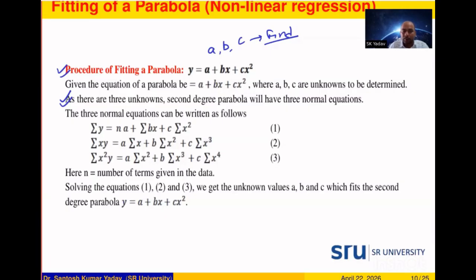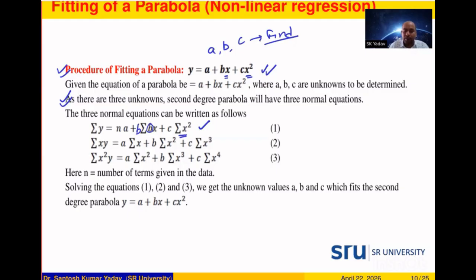I need to take the sum of this to get equation number 1. So if I take summation on both sides, summation of y equal to n times a plus b times summation x plus c times summation x square.